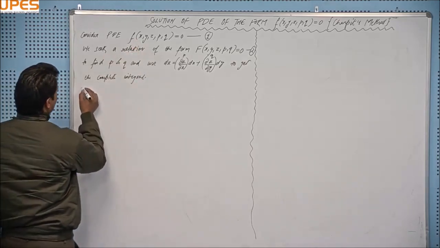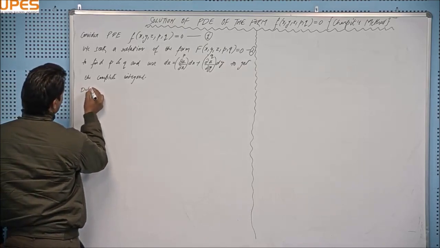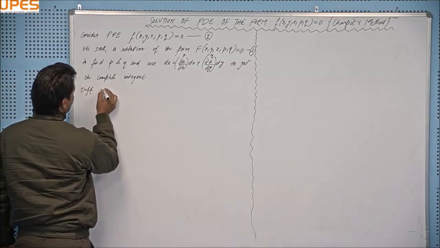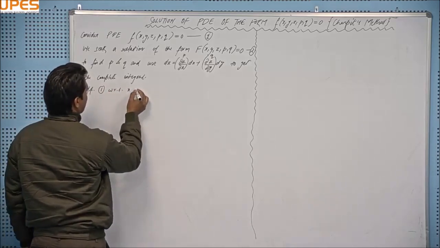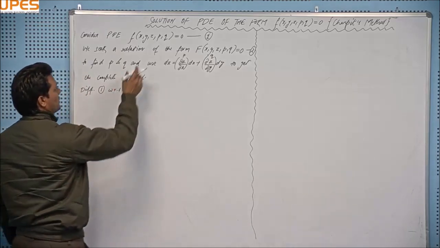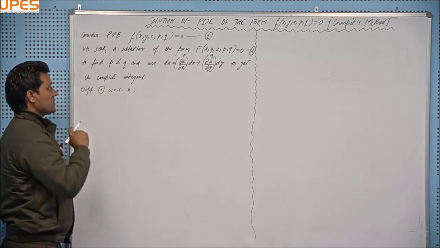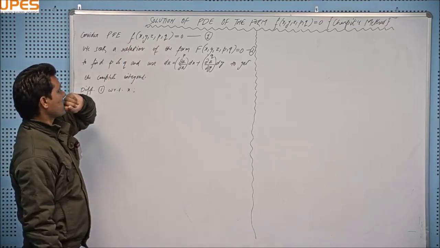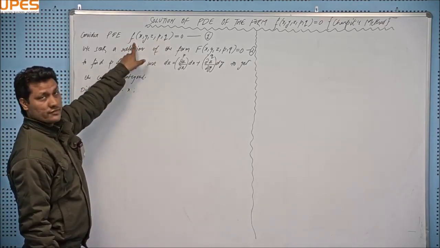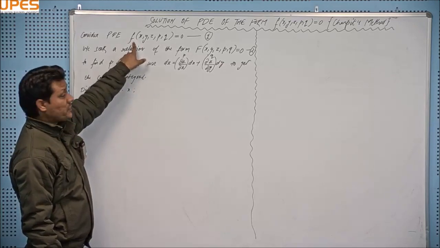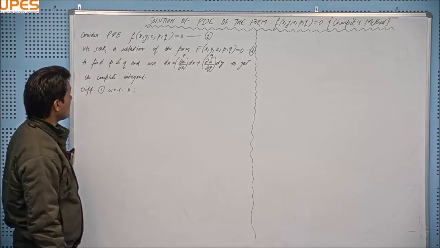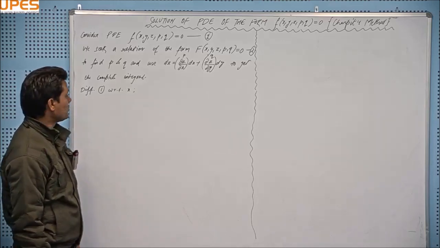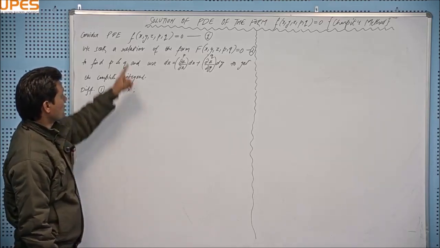Differentiate equation number 1 with respect to x, partially obviously, and notice that you may consider this f as a function depending on the variables x, y, z, p, q. And I think it will be better if I draw a tree here for this f.